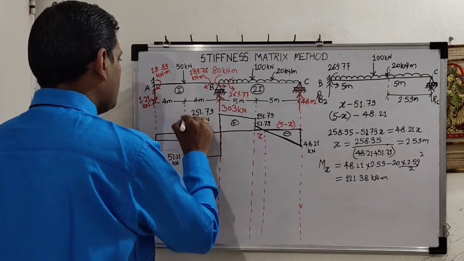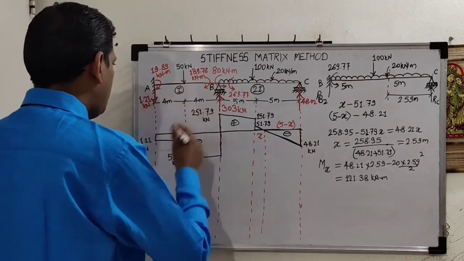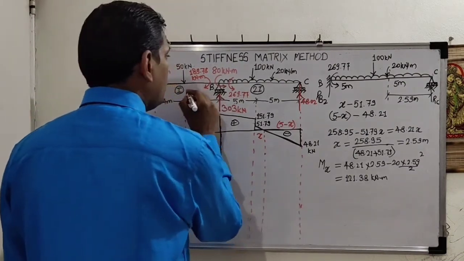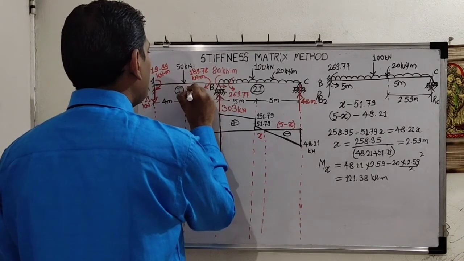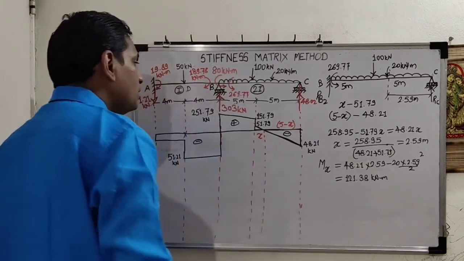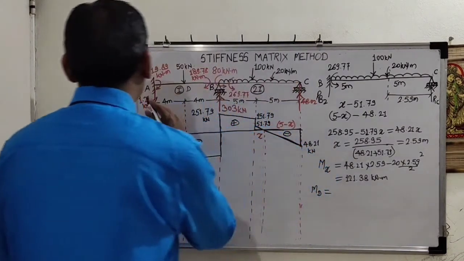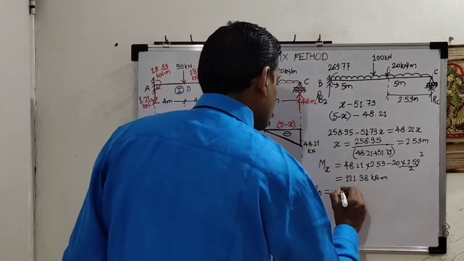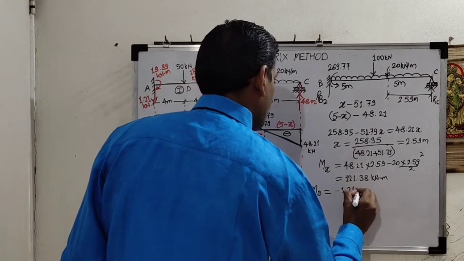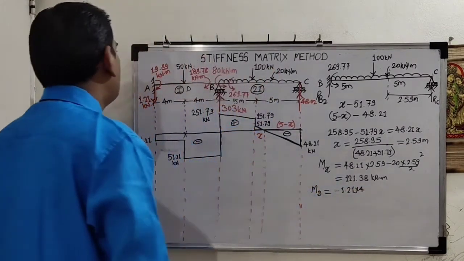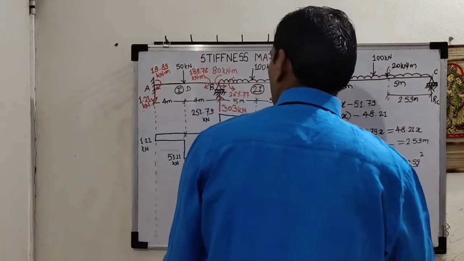Rest of the moment values, we know many of the values, only this value we need to know. So again take section here and find out what is moment at, let us say this is D. Okay, so MD is minus 1.21 into 4 plus 19.89.